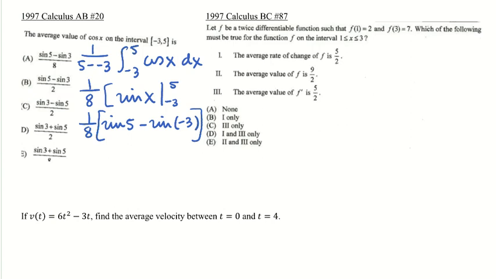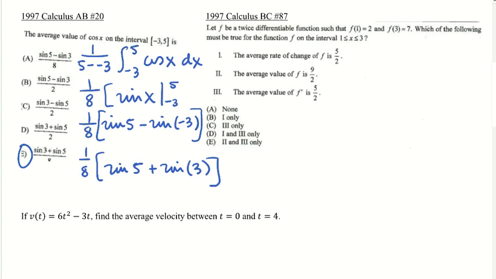But for this one, you do need to know that sine of -3 is the opposite of sine of 3. So this is actually equal to 1/8 of the sine of 5 plus the sine of 3. And that is going to be answer choice E.